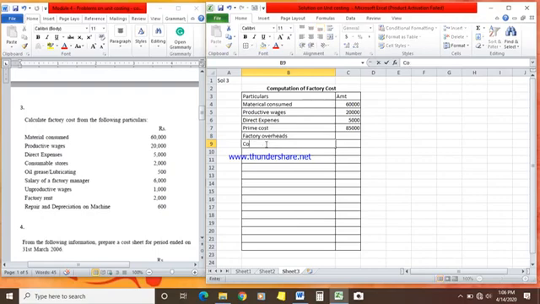That is consumable stores 2,000, oil, grease 500, then salary of a factory manager 6,000, unproductive wages 1,000, factory rent 2,000, repair and depreciation on machine 600.